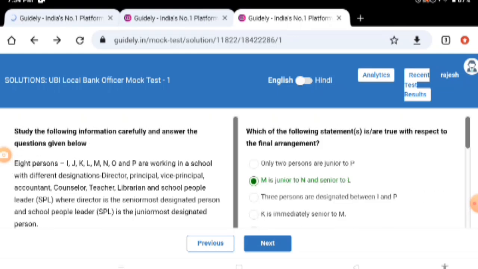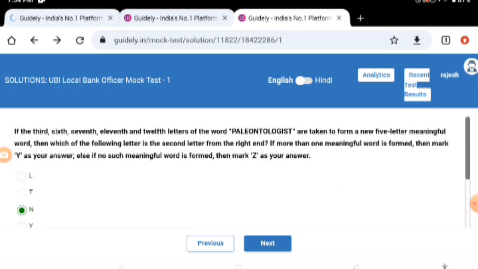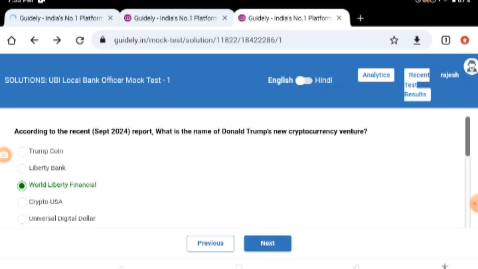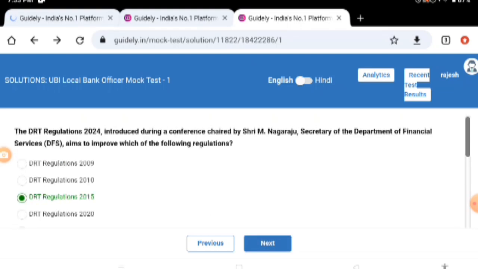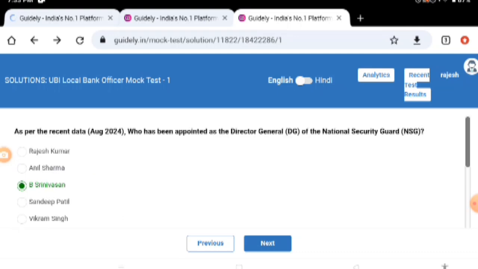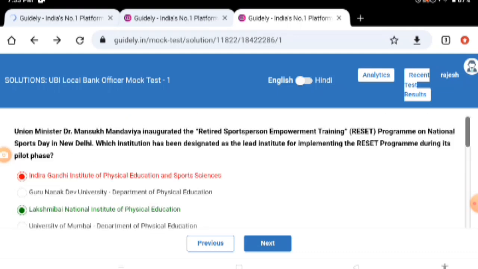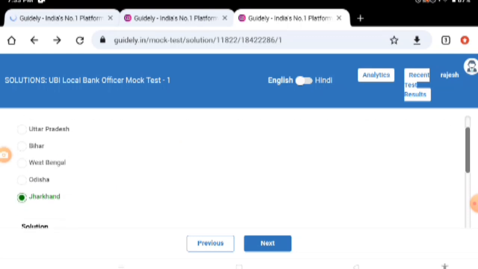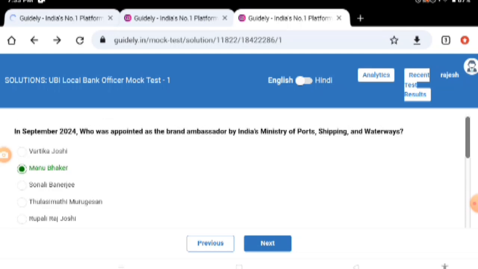Or wrong. Okay. And next is... So Lakshmi Bai. So Jharkhand. Manu Bhaker.